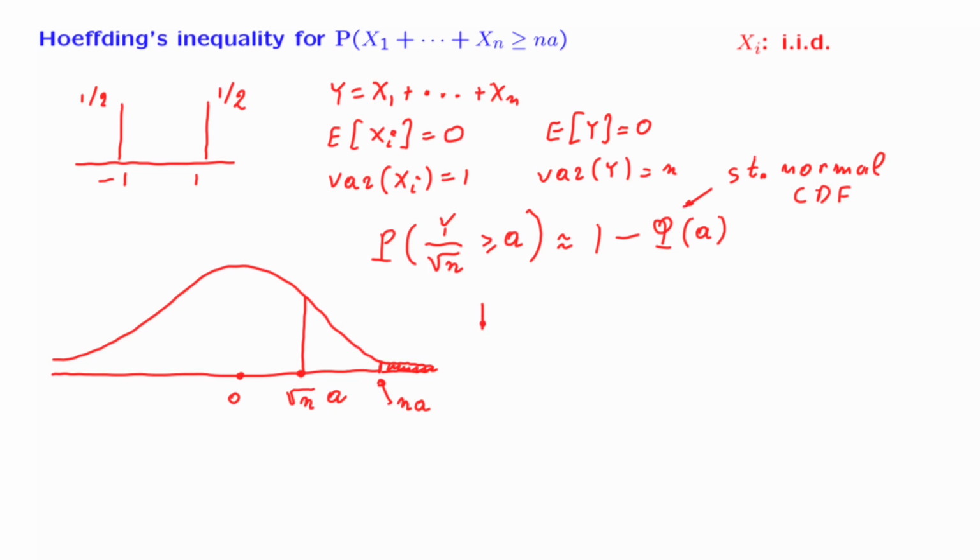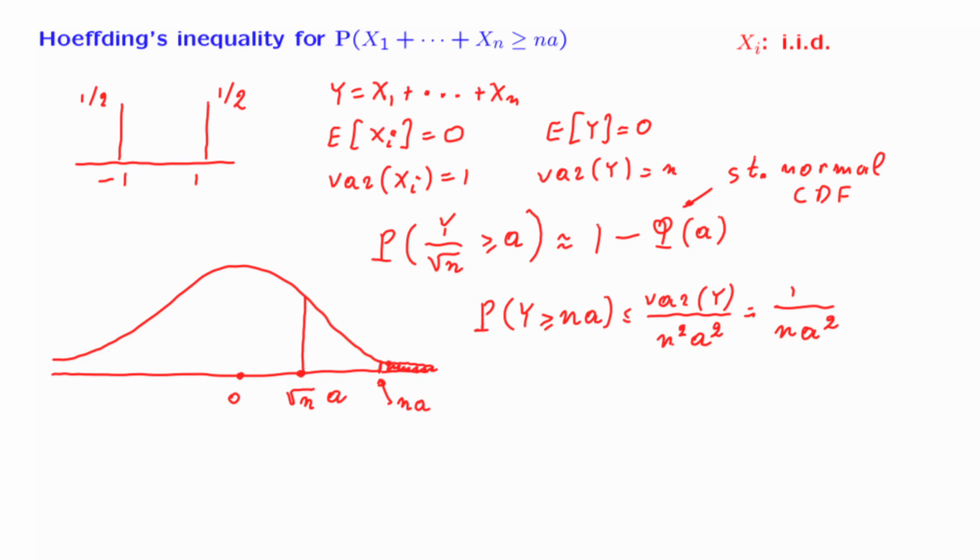Well, we have Chebyshev's inequality, and Chebyshev's inequality tells us that the probability of Y being larger than a certain number is less than or equal to the variance of Y divided by the square of that number. And in this case, since the variance is n, this is 1 over n a squared.